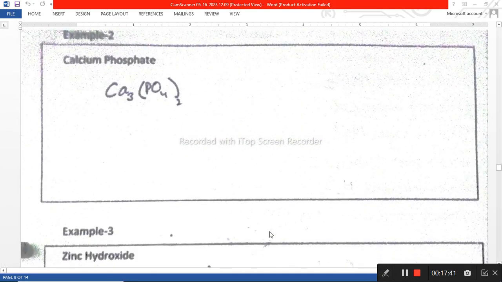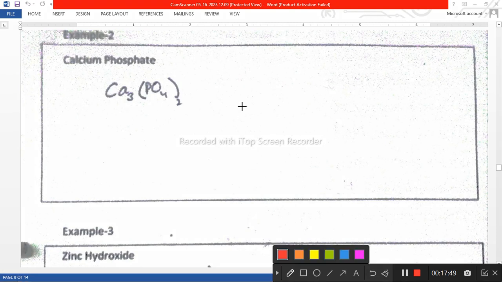Now the next example is calcium phosphate. Firstly, write down the symbols of calcium and phosphate. Calcium is Ca, +2 is the charge, and phosphate is PO4, -3.